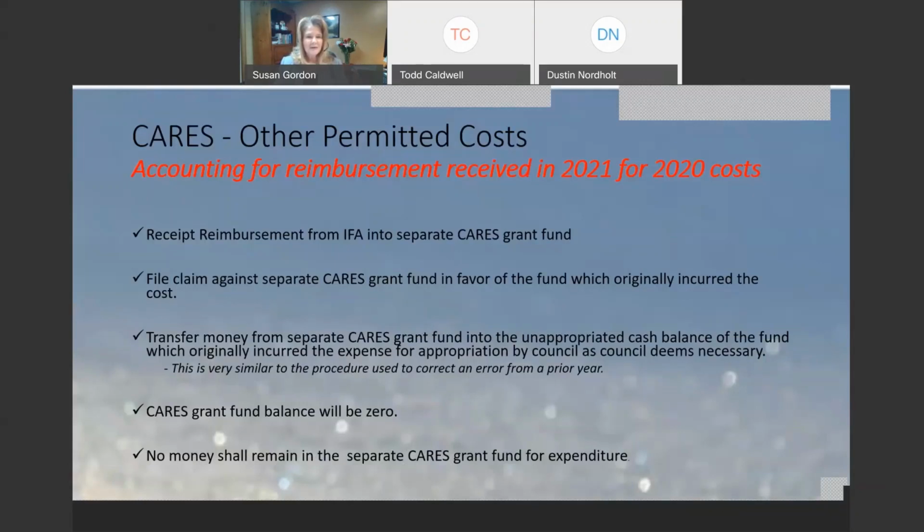Then you'll file a claim against a separate CARES grant fund in favor of the fund which originally incurred the cost. And then you'll transfer the money from the separate CARES fund to the unappropriated cash balance of the fund which originally incurred the expense for appropriation by council as they deem necessary. Again, this is very similar to the procedure used to correct an error from a prior year. The CARES grant fund balance will be zero, and then no money will remain in the CARES grant fund for expenditure.